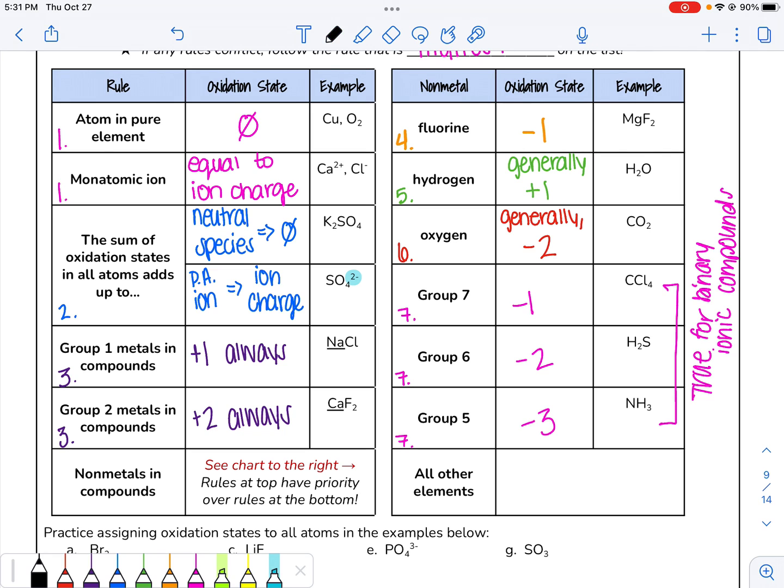So for all other elements, to assign oxidation states you want to use the bonded atoms with known rules to determine unknown oxidation states.